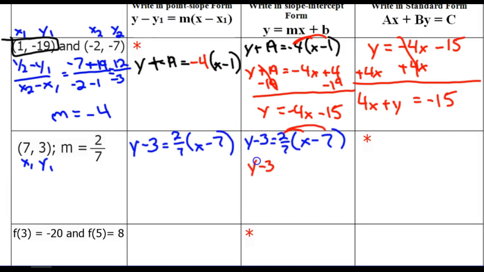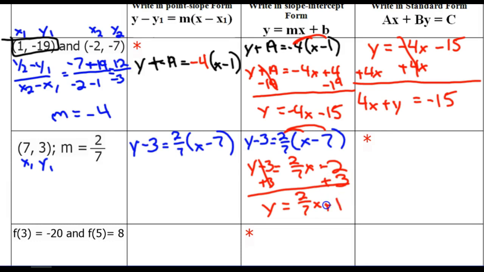We get y minus 3 equals 2 sevenths x, and then 2 over 7 times negative 7 is going to give us a negative 2. Add 3. And our equation should come out to be y equals 2/7 x plus 1.